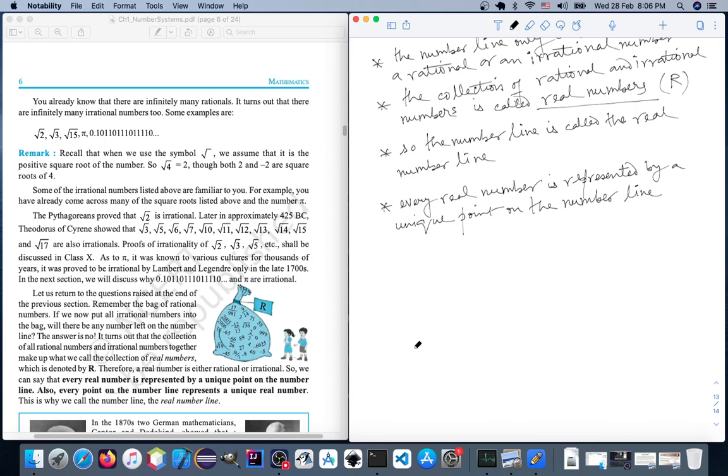So you take any real number, which could either be a rational number or an irrational number, that can be uniquely located on the number line.